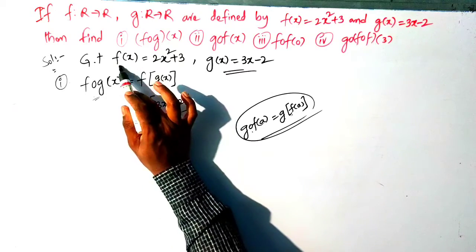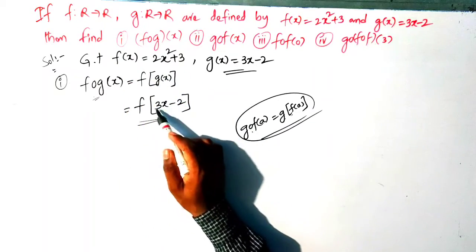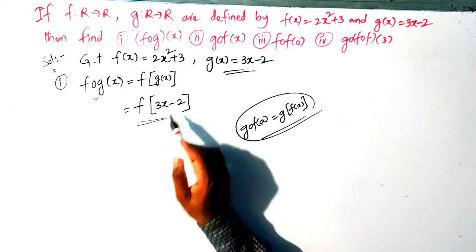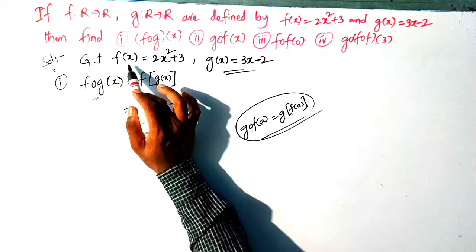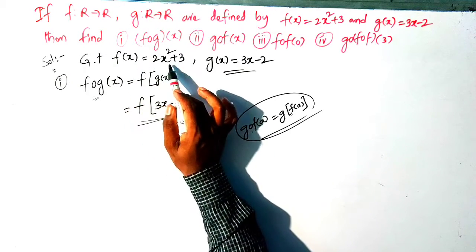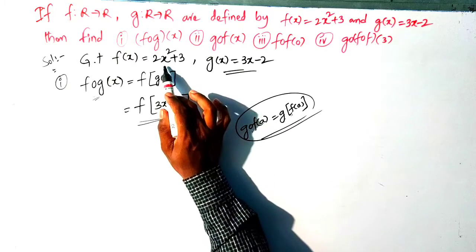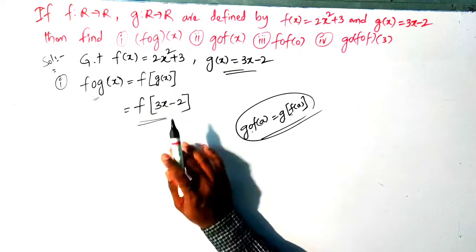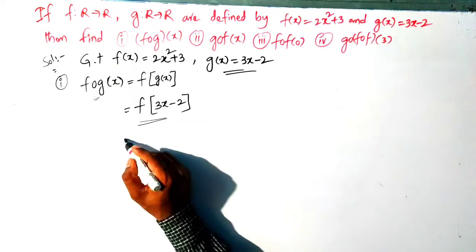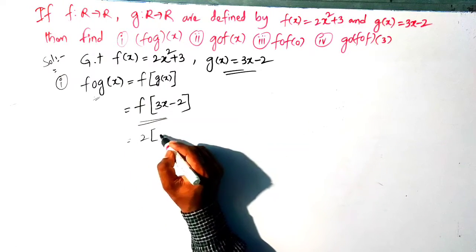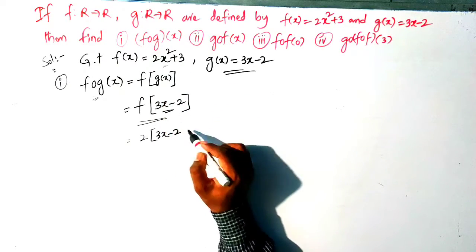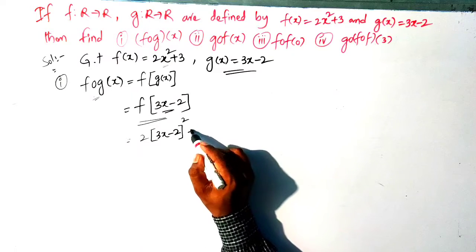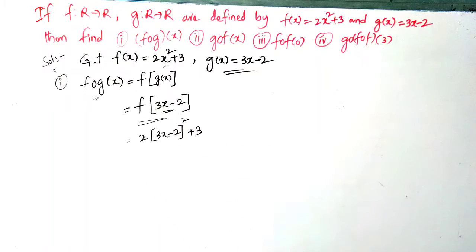In place of x we substitute 3x minus 2. Clear? So that is 2 of 3x minus 2 whole square plus 3, with 3x minus 2 substituted in place of x.